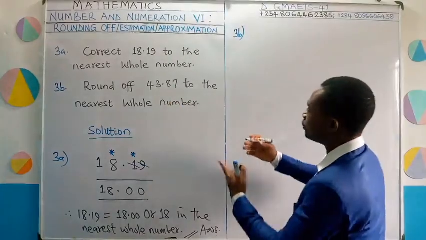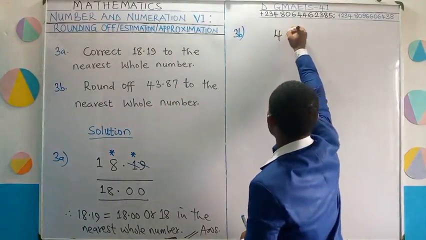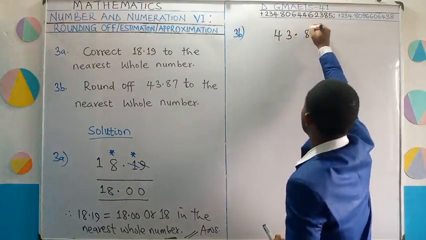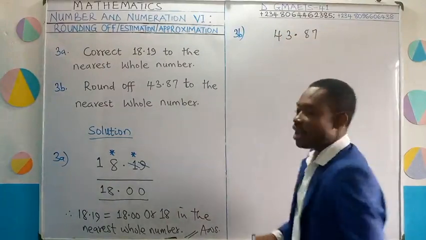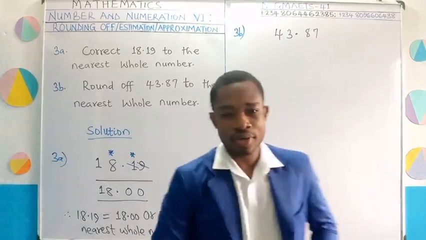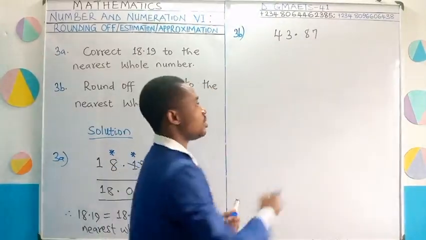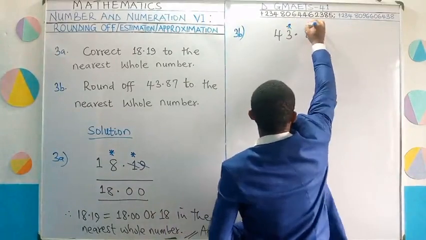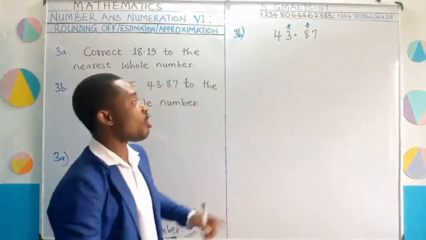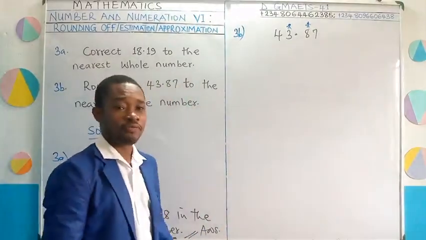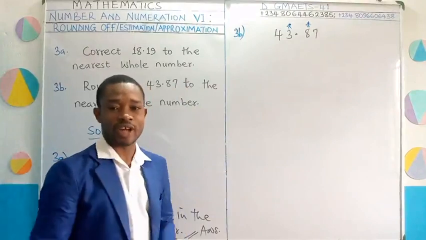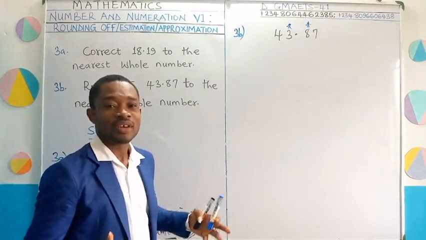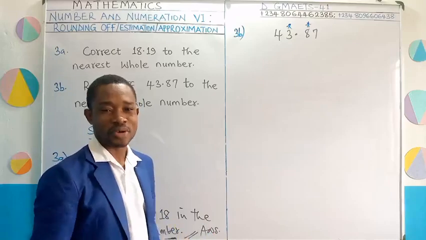I am rounding off 43.87 to the nearest whole number. Of course, I told you rounding off to the nearest whole number, your interest would be the unit place value and then the tenths place value. You are rounding off into the unit place value from the tenths place value. That's simply the meaning of rounding off to the nearest whole number.